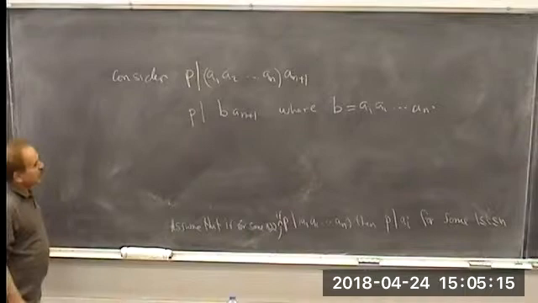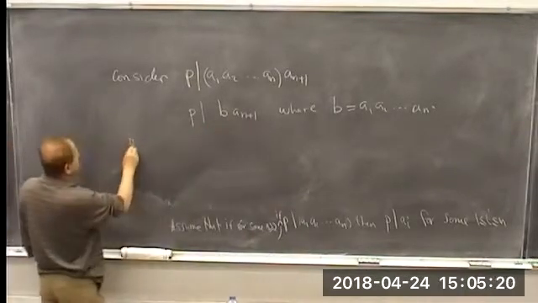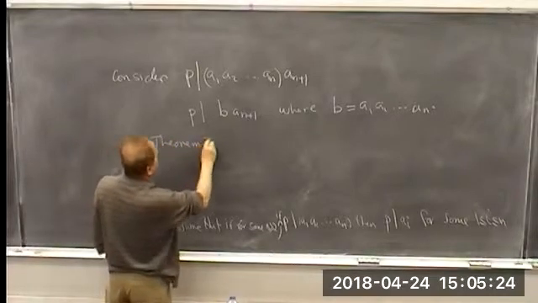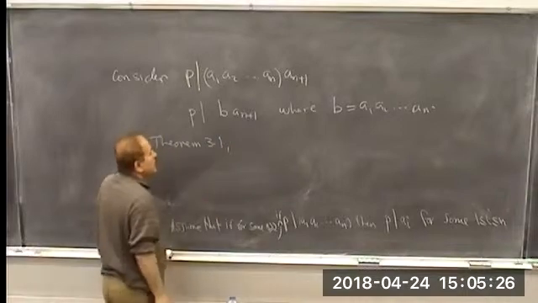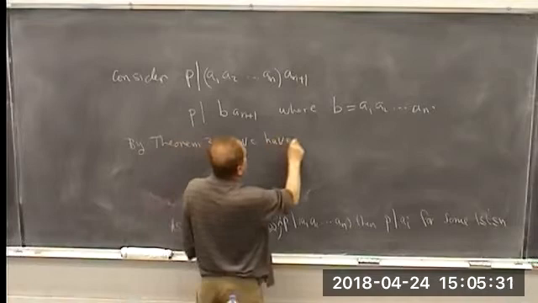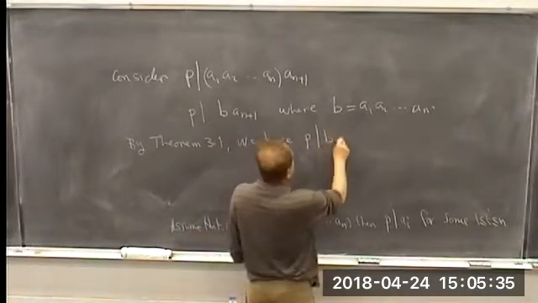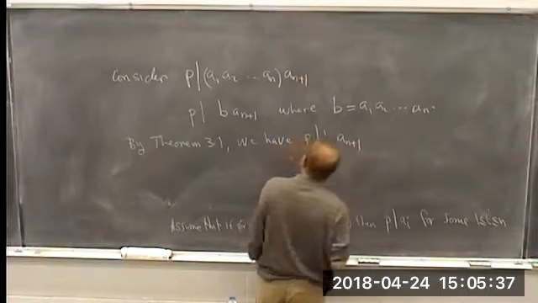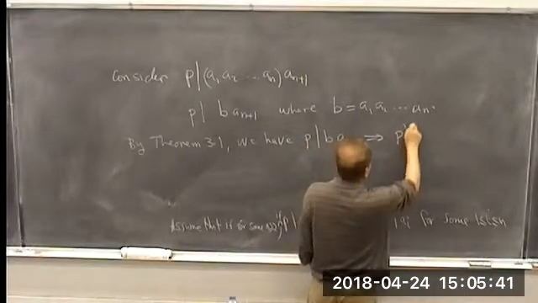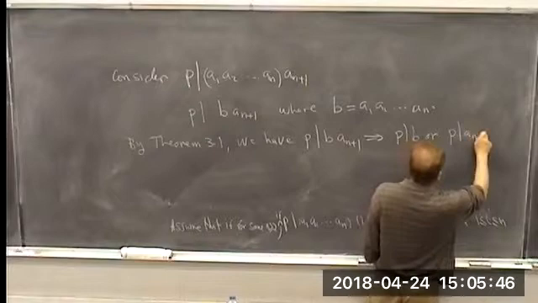So once again, by theorem 3.1, P divides a product. We could think of these as two numbers, right? And this implies that P divides B, or P divides AN plus 1.